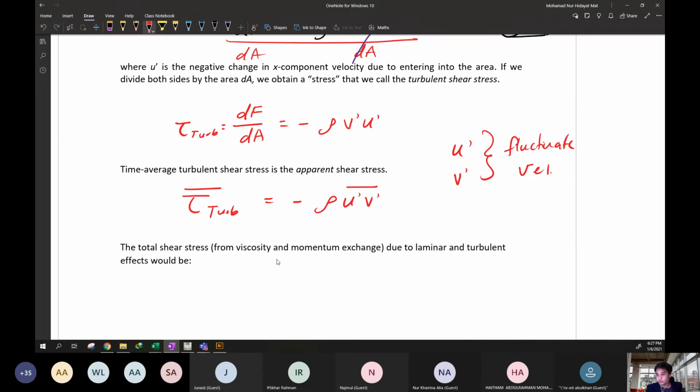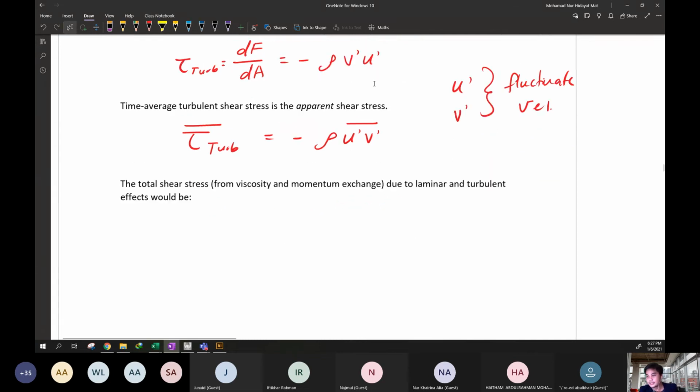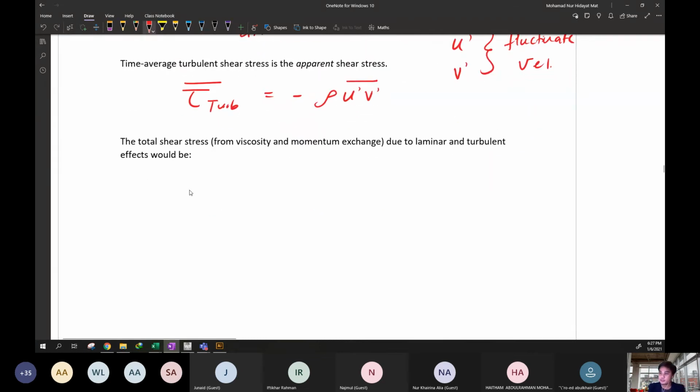Okay, so the total shear stress inside the pipe is due to the laminar and turbulent effects. This is the shear stress only for the turbulent. For the total shear stress, tau will be tau from laminar plus tau from turbulent.